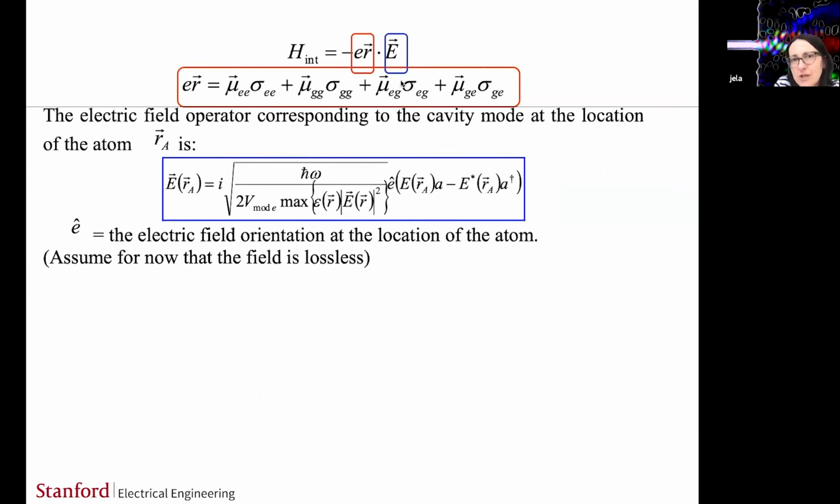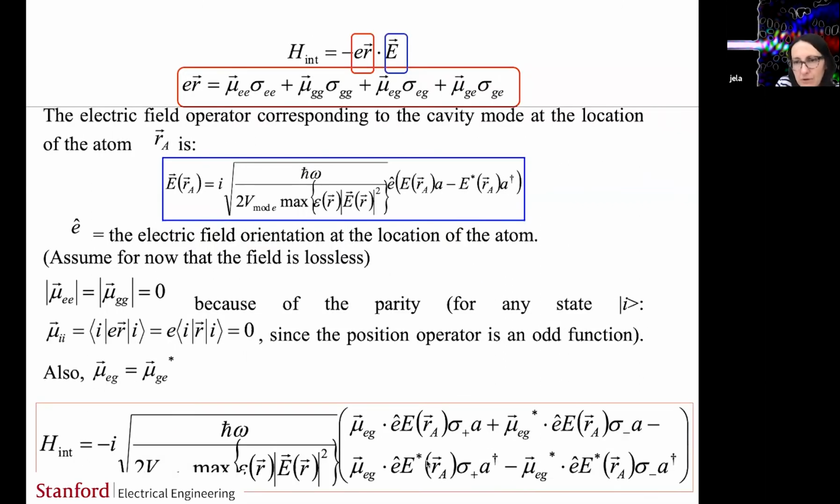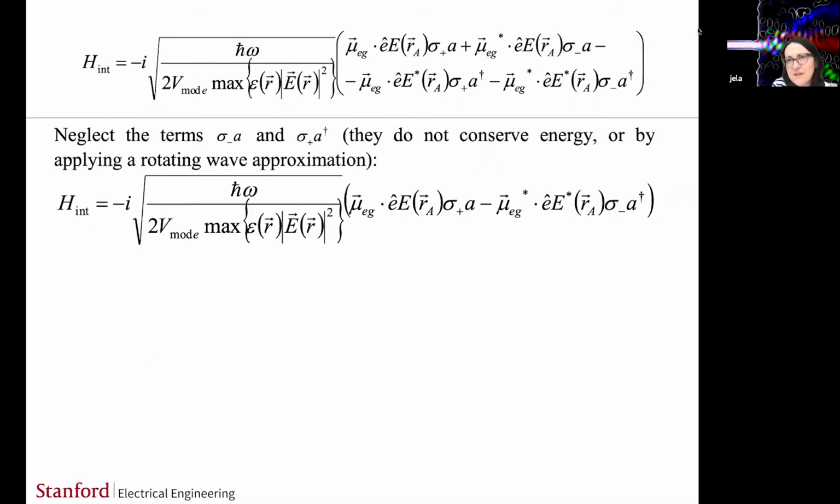But sigma EG is basically raising and sigma GE is lowering, right? And people in quantum optics prefer to use the notation with sigma plus and sigma minus because it's more self-explanatory. But I used the other notation until we got there and canceled the other terms. Okay, is that making sense?